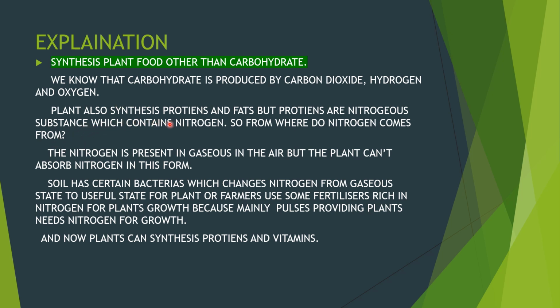Plants also synthesize proteins and fats, but proteins are nitrogenous substances which contain nitrogen. So where does the nitrogen come from? Other than carbohydrates, plants also produce proteins and fats.